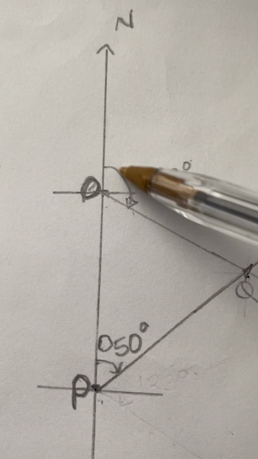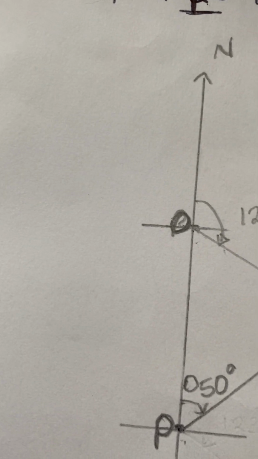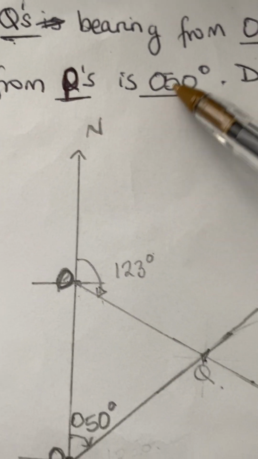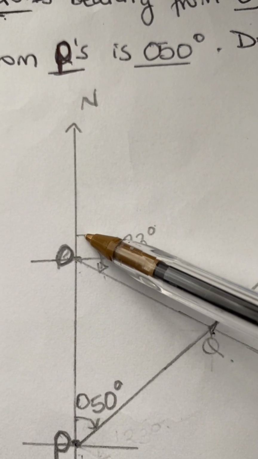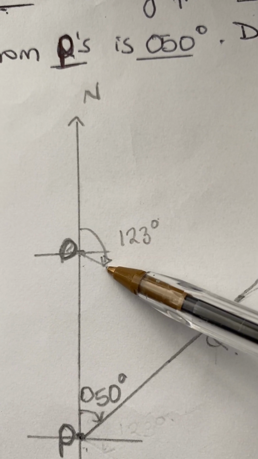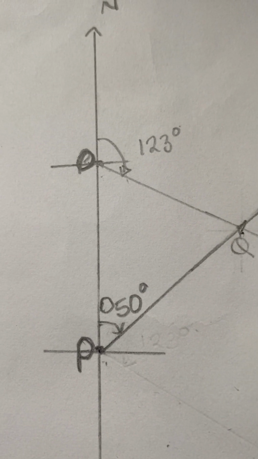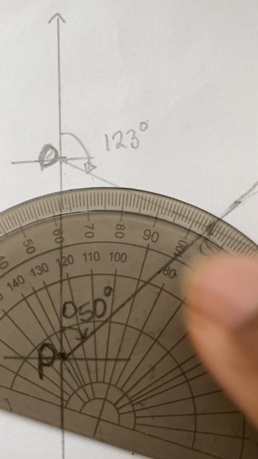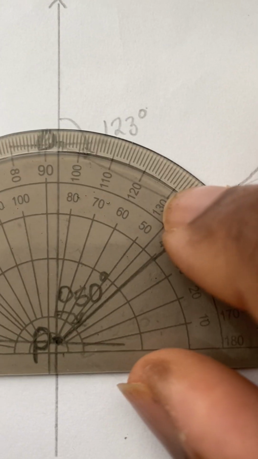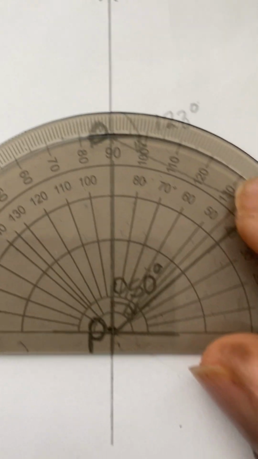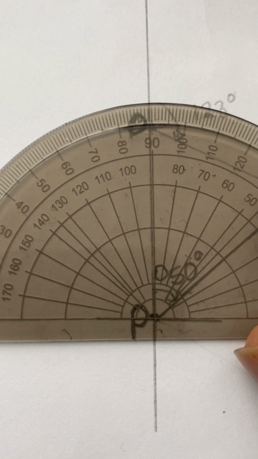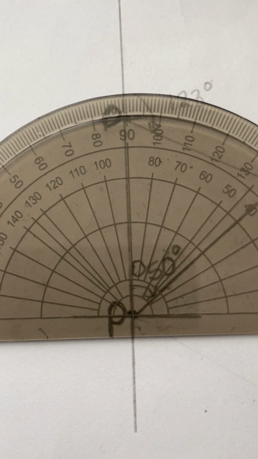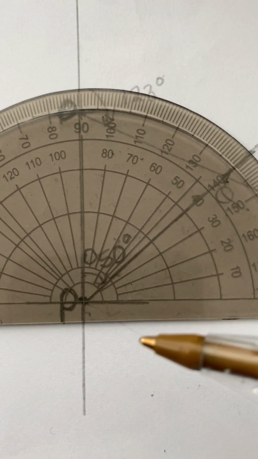So 123. Then they said Q's bearing from P is 050. So if this is 123, now we need to measure 50 from this point, and it will be in the first quadrant here. If we get that right, that will be 50. So now we have two lines.